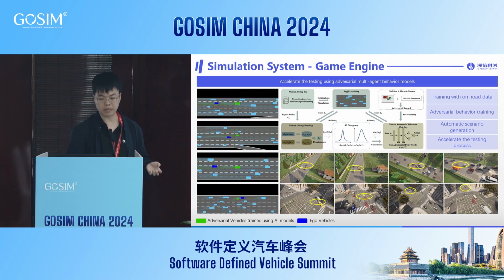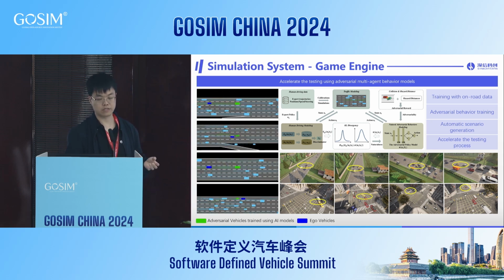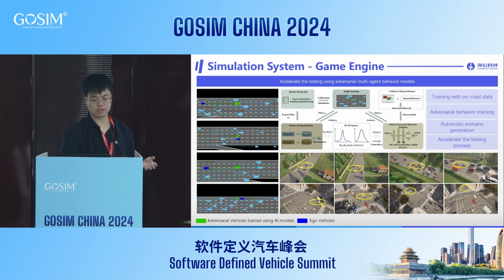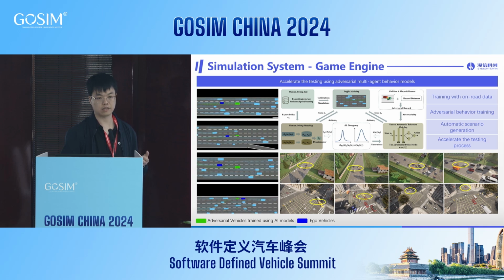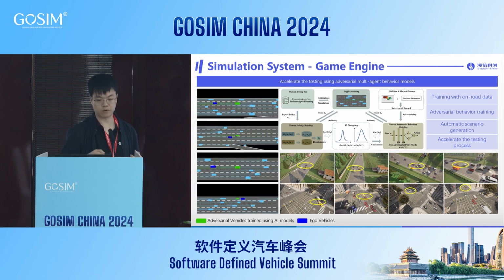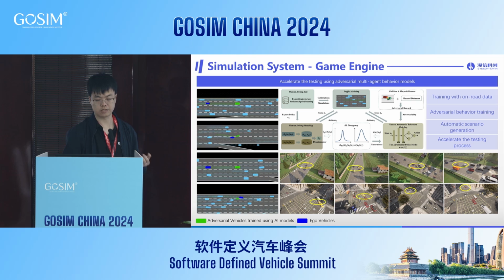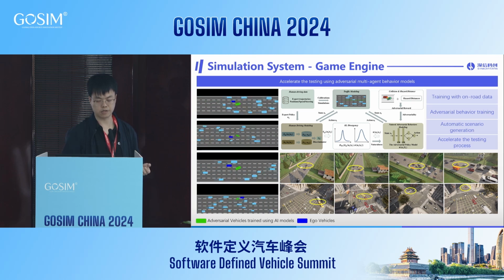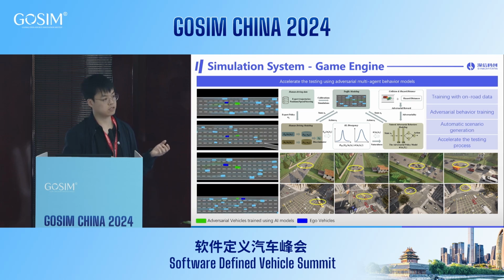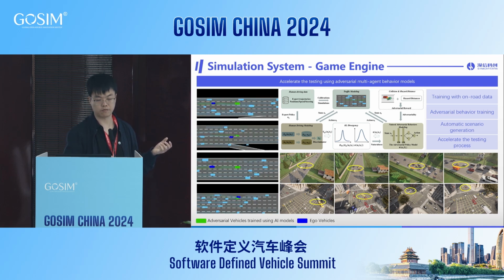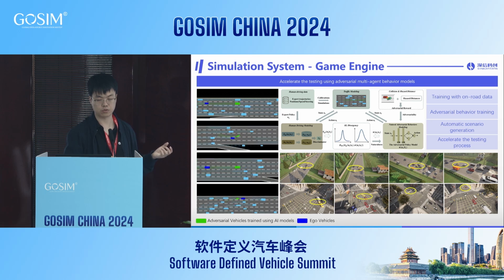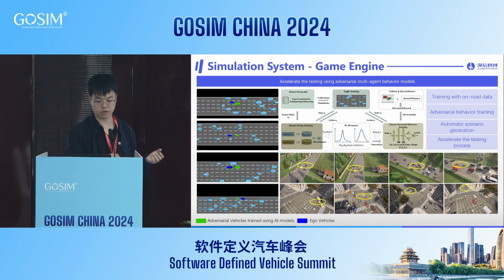So we can optimize the driving policies of these NPCs so that their behavior becomes more aggressive towards the ego vehicle. They can conduct very challenging behaviors against the ego vehicle to exert more pressure. By utilizing this adversarial behavior model, we can expose a lot of problems, especially in the planning and control module of the ego vehicle.